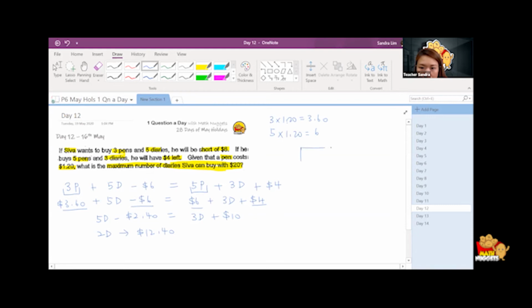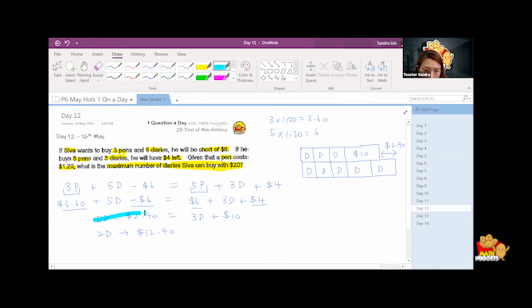If we have 5 diaries, let me draw the 3 diaries first. 1, 2, 3 diaries. So 3 diaries plus $10 is equals to 5 diaries minus 240.